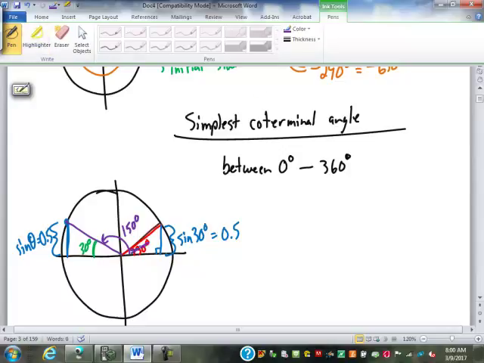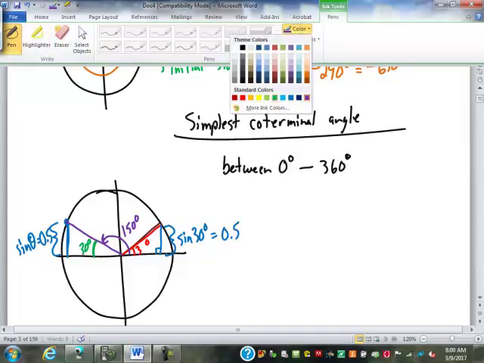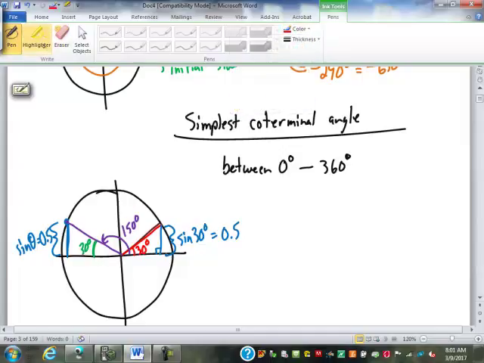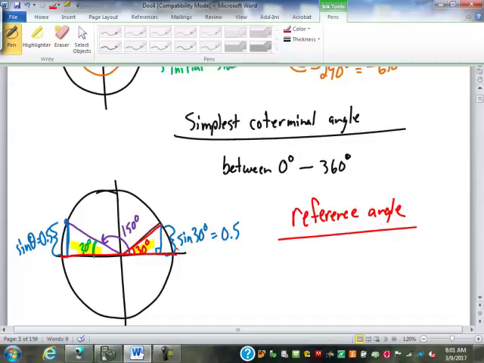The 30-degree angles here, I don't know why that messed up like that. 30-degree angles are what are called reference angles. Remember, we called that horizontal diameter across here a reference diameter. The reference angle is simply the angle between the terminal side of that angle and that reference diameter.